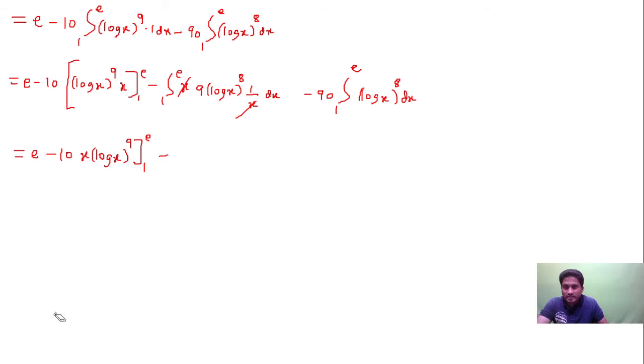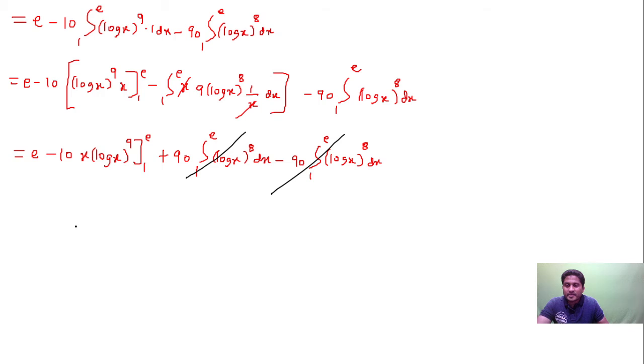Now if I open the bracket, 9 into 10 will be equal to 90. This minus and minus will be plus 90 times the integral from 1 to e of (log x)^8 dx, minus 90 times the integral from 1 to e of (log x)^8 dx. So this plus and minus will get cancelled.